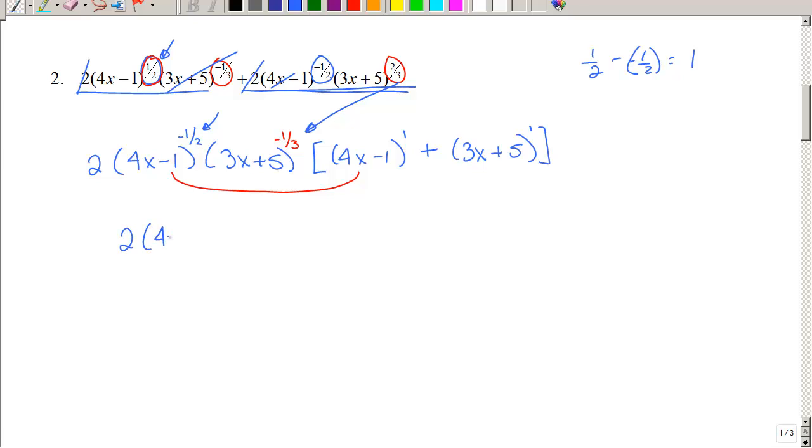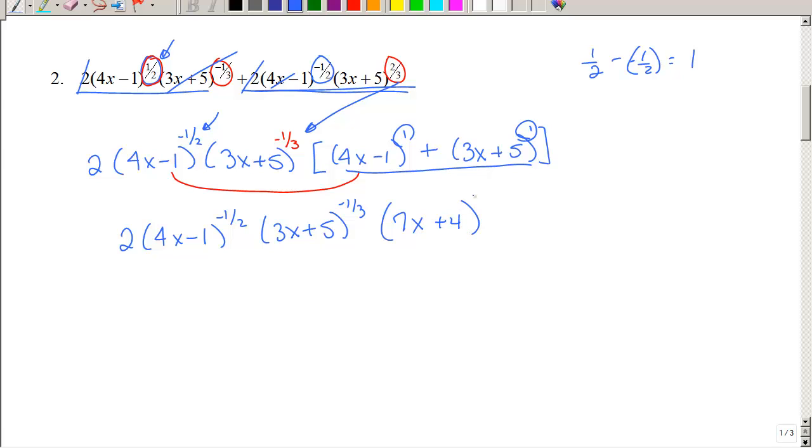So let's clean this up a bit. And then we're going to do one other step. So if I can collect like terms here, since that's just to the first power, I'm going to get 7x plus 4.